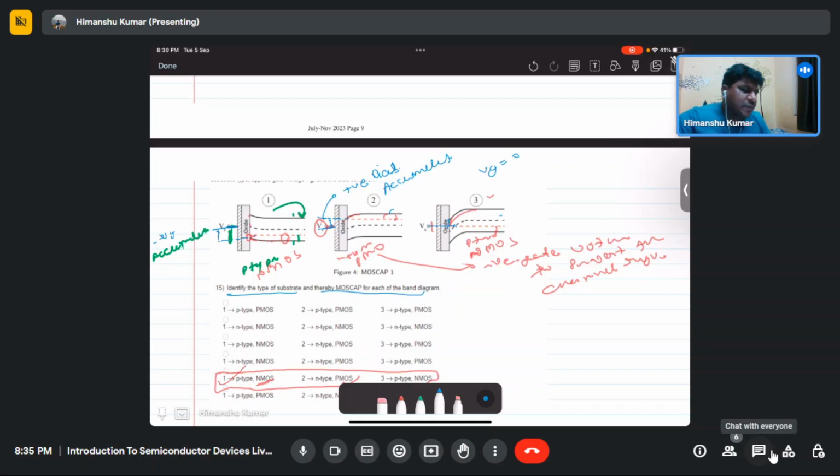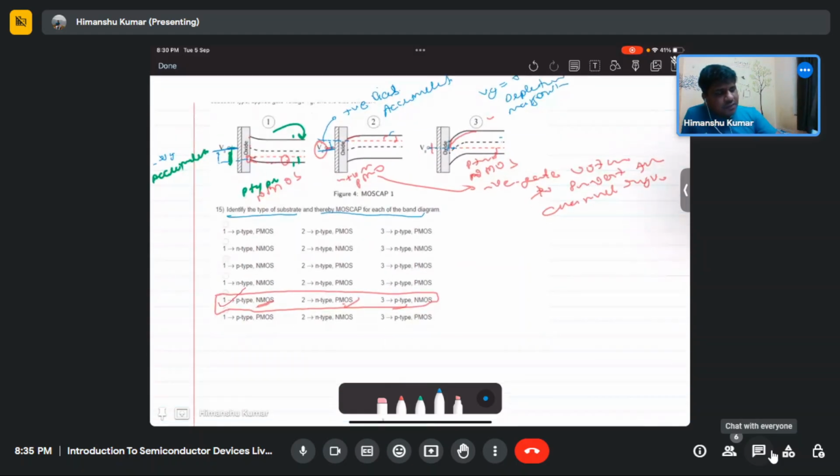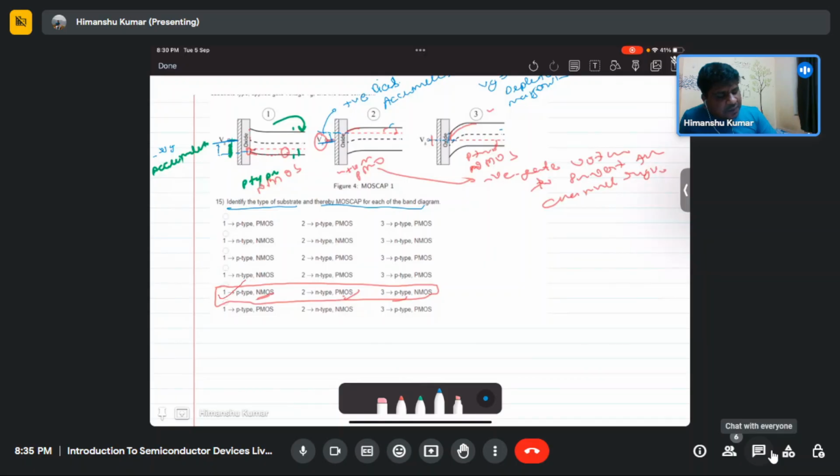That means the interface is becoming more n-type, so this is depletion of majority carriers.